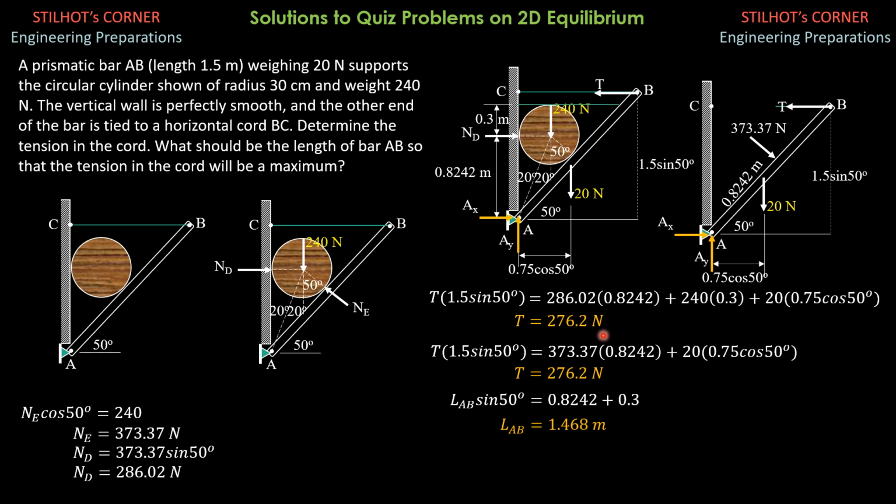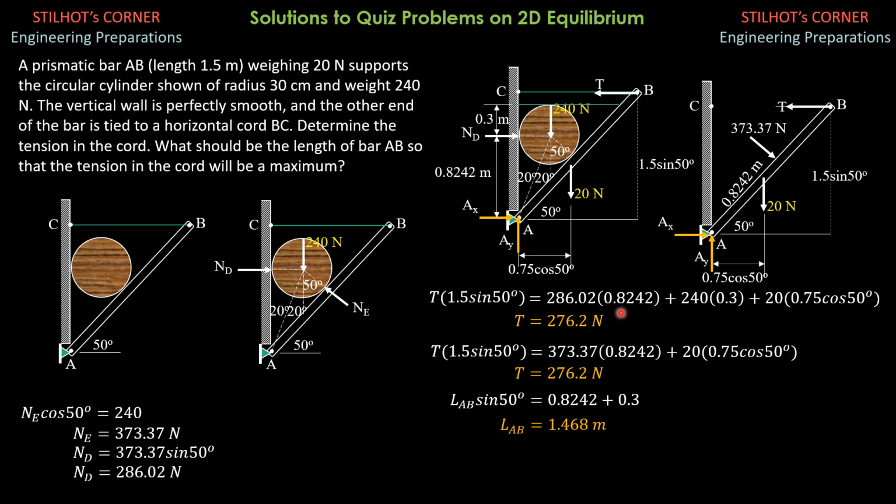Then for another way, this is the FBD of the bar. Another way, let's transmit the normal reaction 373.37 at E, and that distance is the same as 0.8242. I already explained that. So we have 20 newtons, same distance, 0.75 cosine 50 degrees from A, and of course the tension, same distance, 1.5 sine of 50 degrees.